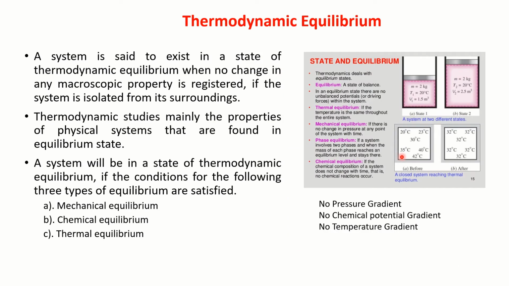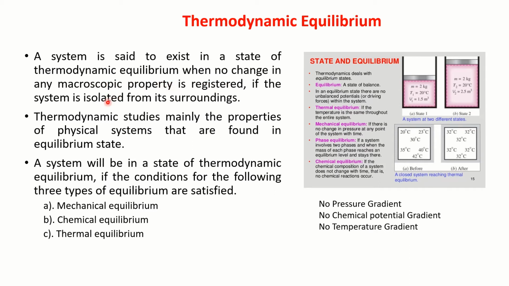What does it mean? How do we explain this? A system is said to exist in a state of thermodynamic equilibrium when no change in any macroscopic property is registered if the system is isolated from its surroundings. A macroscopic property can be pressure, volume, temperature.